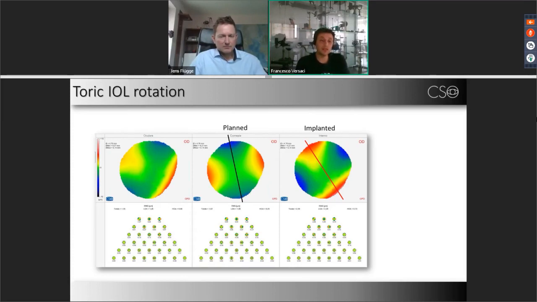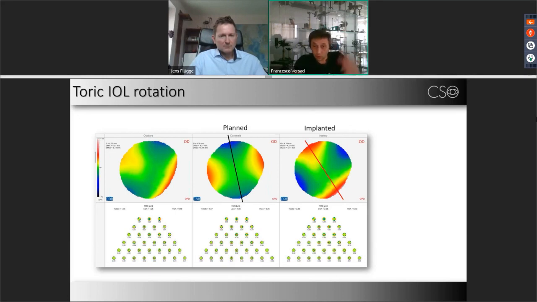So this one is a display of the ocular, the corneal, and the internal wavefront, and you can easily see that the internal wavefront is exactly showing the astigmatism of the lens. So in this case, the internal aberration is nothing but the implanted lens, because there's nothing else in the eye.